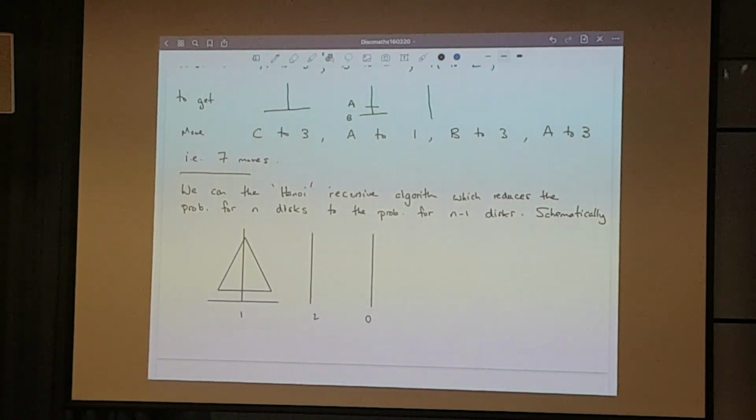We separate off the biggest disk. So this is the largest disk. And this is n minus 1 disks on top, okay, this triangle.